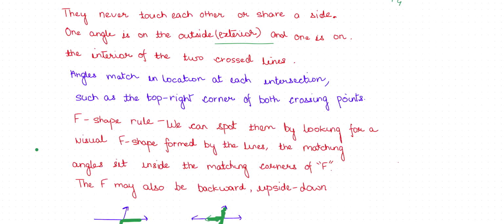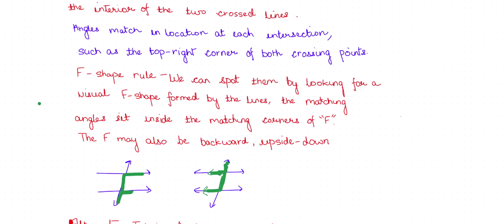So with the F shape rule we can spot them by looking for a visual F shape like this. And the matching angles sit inside the matching corners of the F like this. This 1 and 2 or this 1 and 2. Okay. So the F may be backward, upside down, or forward.